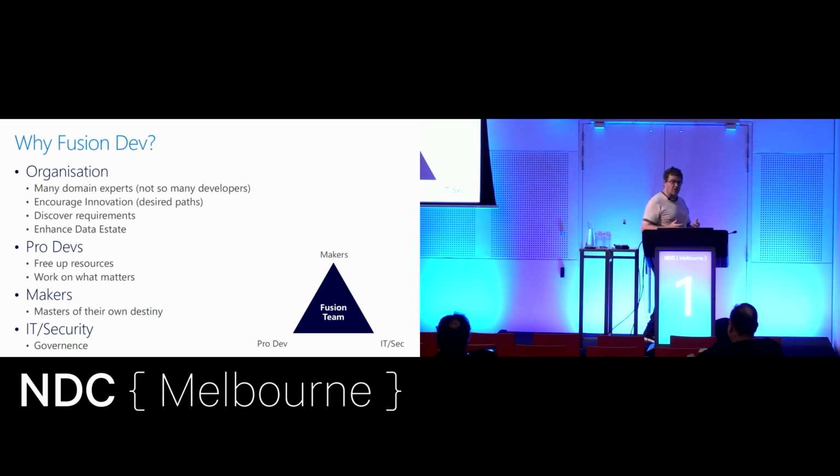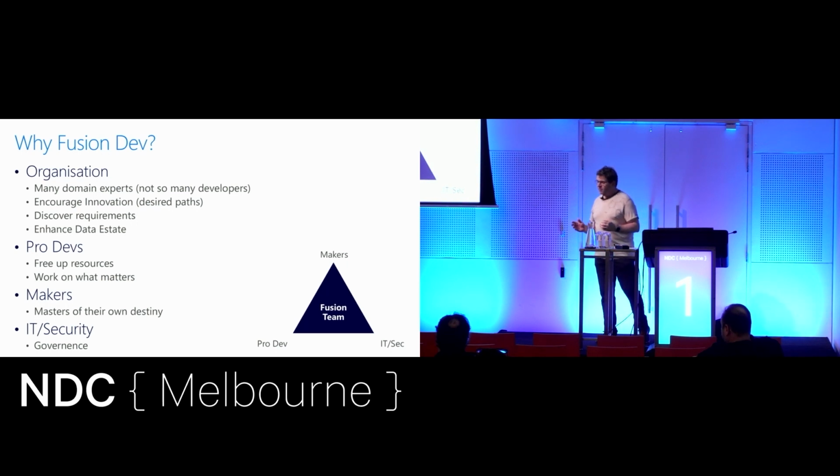And they're going to build their tools to do the things they want to do because they're the experts in that domain. We encourage people to innovate. So we have that concept of the desired paths that I was talking about before, where if we give people tools and access to the data, they will come up with things that we didn't necessarily come up with. And they won't all be good ideas. And that's okay, because we haven't spent a lot of time building that particular solution.